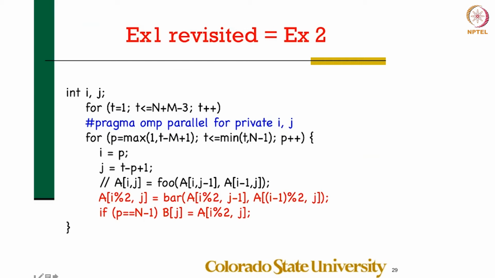And if I am at the last iteration, I write this value of a[i mod 2][j] into the output array B. That's all. So my program is only using 2n memory. And now I have the memory efficiency. I also have a faster parallelization.